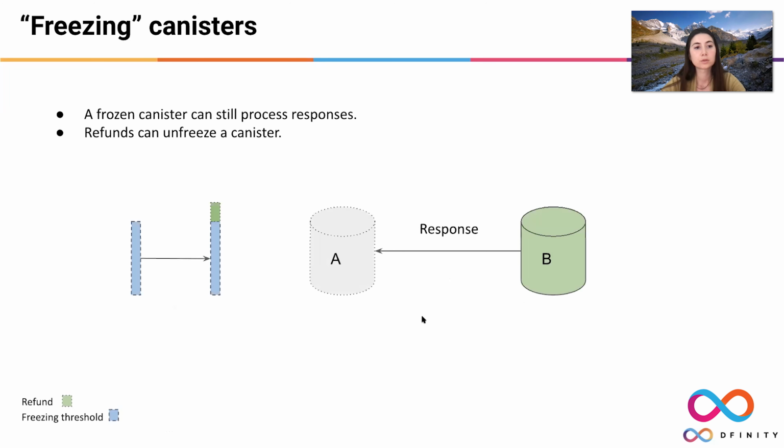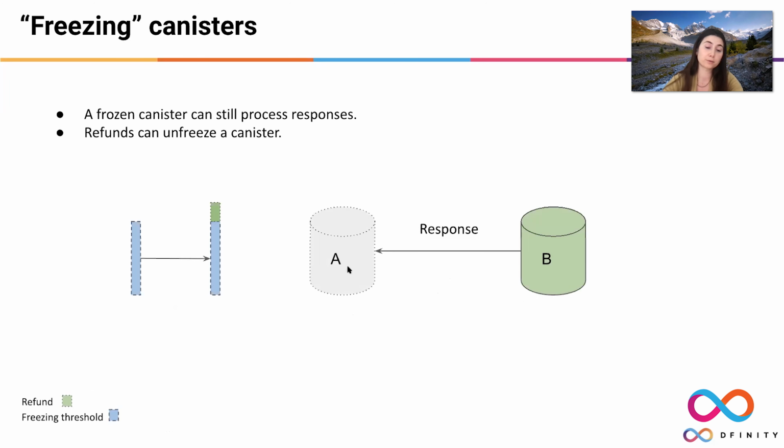Going to the fourth scenario, this is slightly different from the ones we have presented so far. Here we have, again, two canisters. Canister A is now the one that is frozen, and canister B is sending a response back. Before, canister A sent a request, and now it is getting the response back.